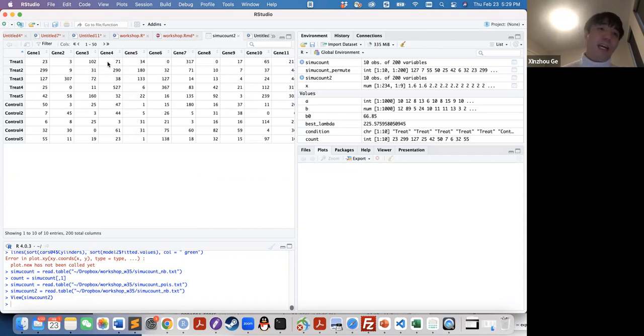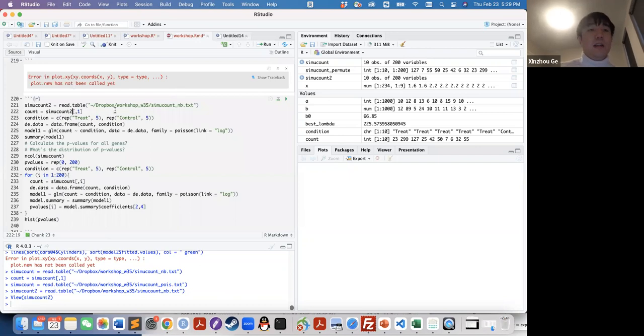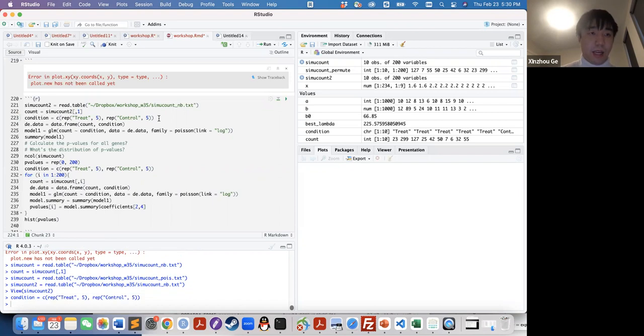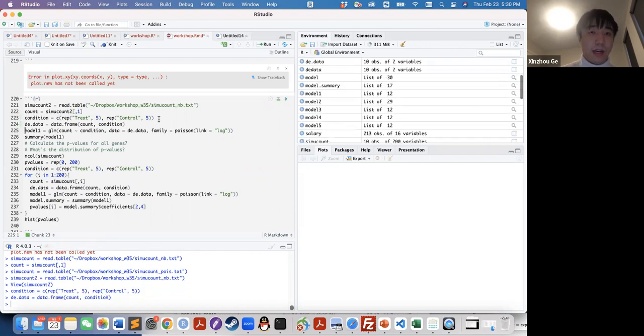So it means that we may have some extremely large values for some of the samples because of the dispersion. And okay, so first we will have the count for the first gene, and we will also have the condition vector for that gene. And we can combine these two together, and we do this test by using the glm.nb function, and we don't need this family argument.